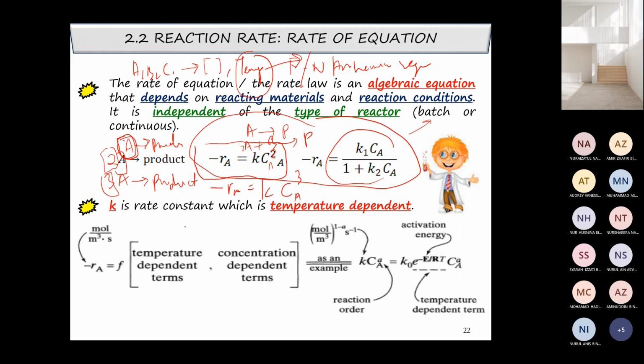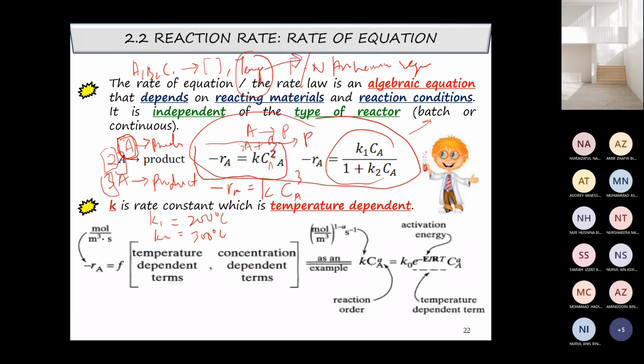For example we have a K1, dia berlaku dekat temperature berbeza. Katakan this one is 200 degree Celsius, lepas tu kita ada K2 300 degree Celsius. Setiap K ni rate constant adalah bergantung pada different temperature. Alright, so negative RA is the function of the temperature and also the concentration.